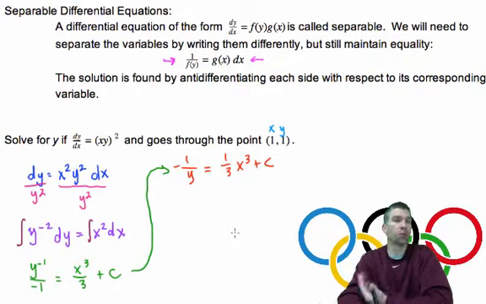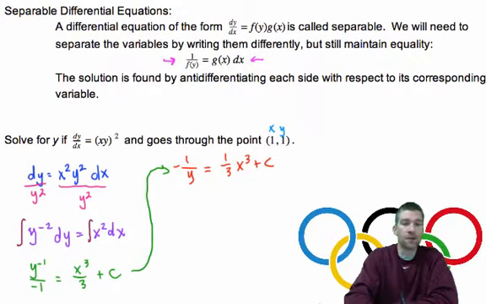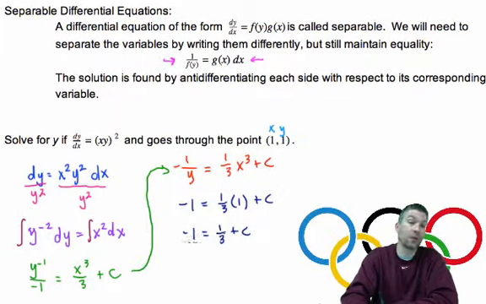It's really easy to forget that. So when I make that substitution for x and y, I get negative 1 over 1 equal to 1/3 times 1 cubed plus c. In other words, negative 1 equals 1/3 plus c. And when I subtract 1/3 from both sides, negative 1 minus 1/3 is negative 4/3.